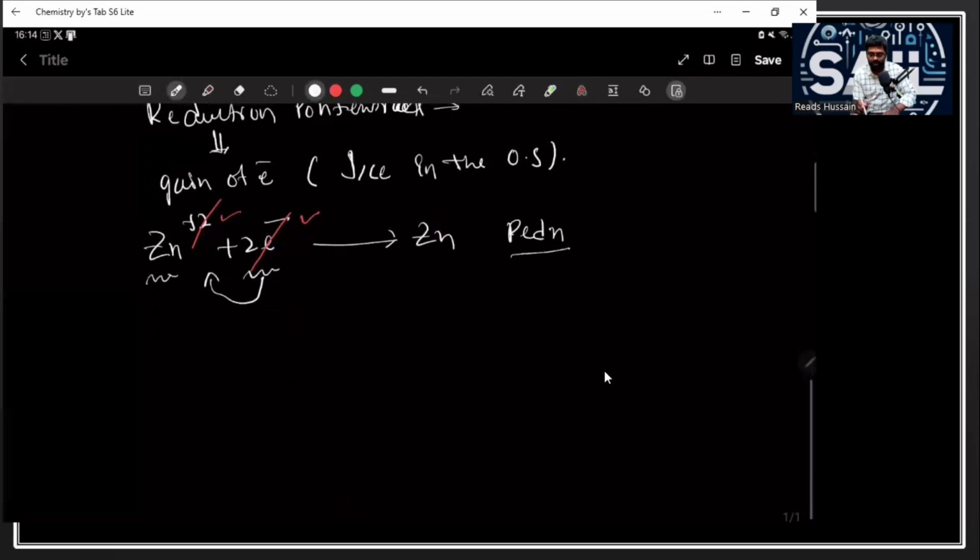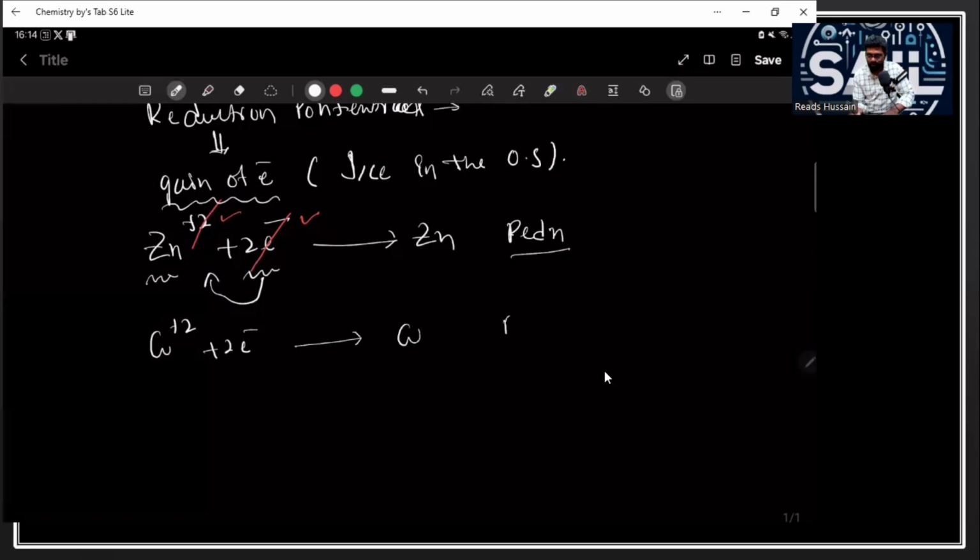To make you understand reduction, I'll take one more example, and you try to write it yourself. Can you write the reduction reaction of Cu plus 2? Cu plus 2 gains 2 electrons. Reduction means gain of electrons. Cu plus 2 gains 2 electrons to give Cu.